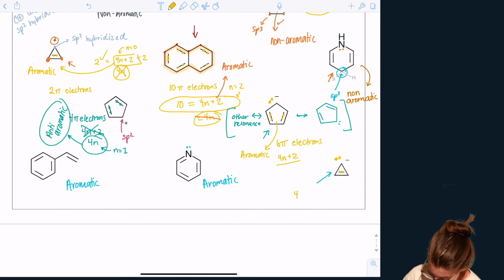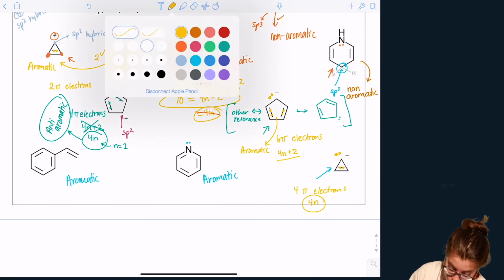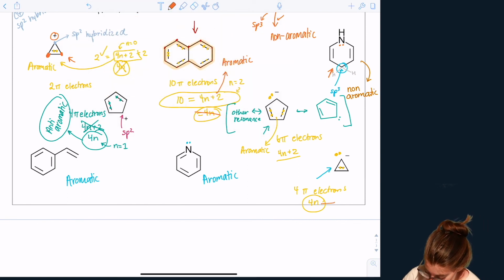So it has 4 pi electrons. Okay, so which equation do we need to use to get to 4 for our pi electron number? Well, we'd have to use 4n. And if we use the 4n equation, then that means that this molecule is anti-aromatic.